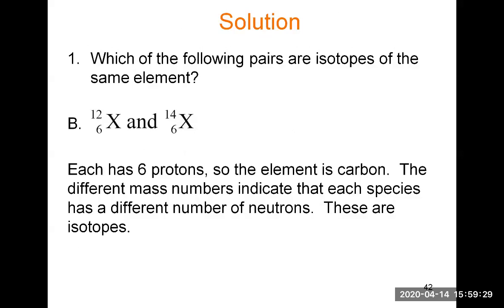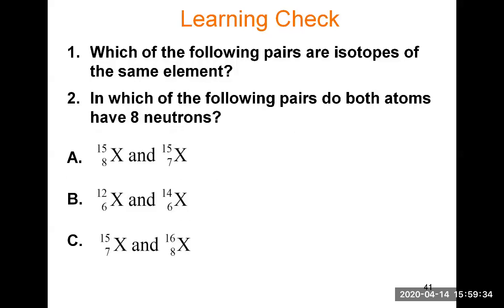Which of the following pairs are isotopes of the same element? Let me go back here. So same element, because we want the same element and we don't know what that element is. The X here is for you to decide what it is. And so you have to use this time the atomic number that is provided in the lower left corner.